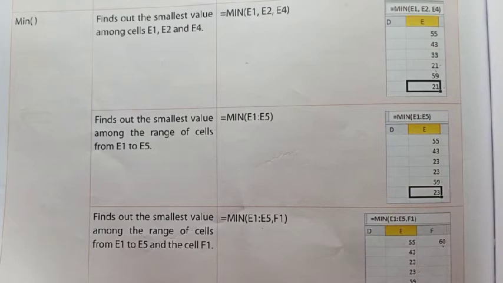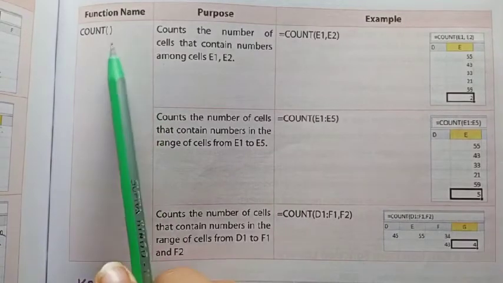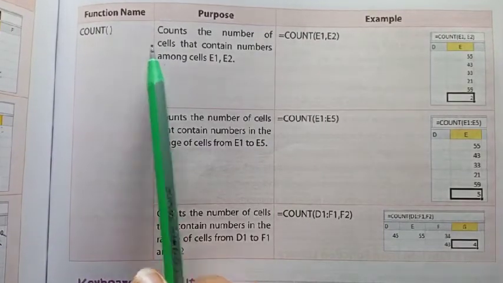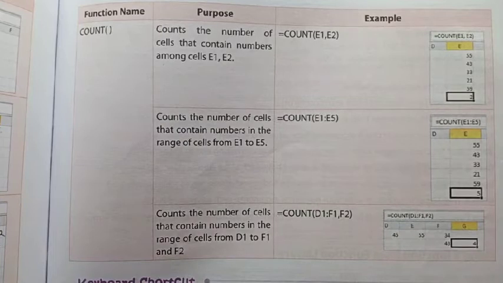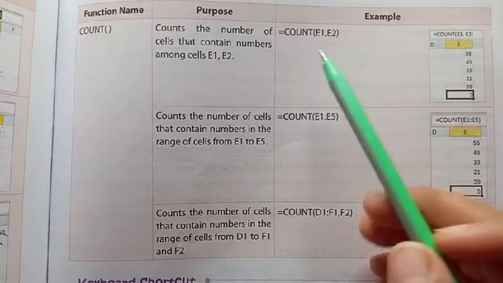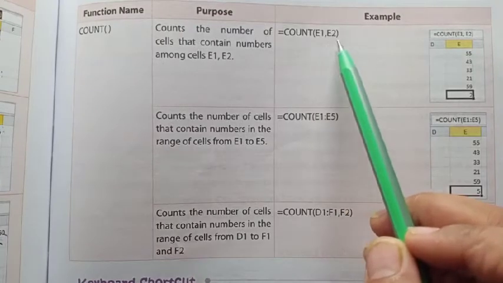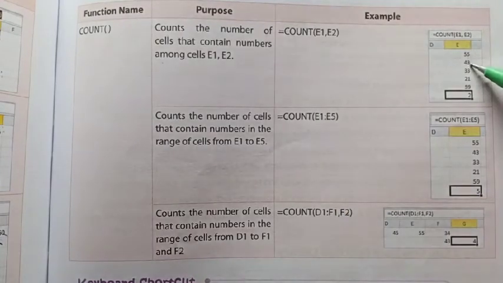Now we move ahead and we have the count function next in the series. The count function counts the number of values in the given cells. How many values are there in these cells? For example, we have written equals count E1 comma E2.